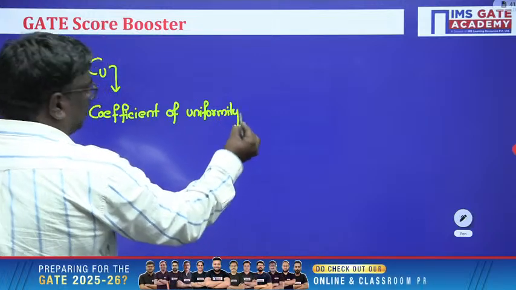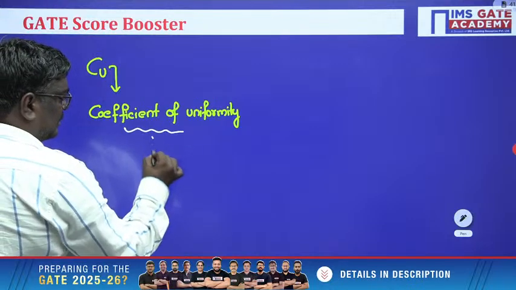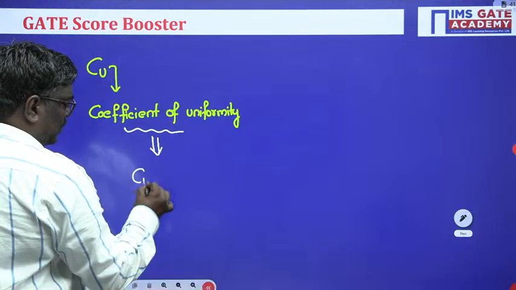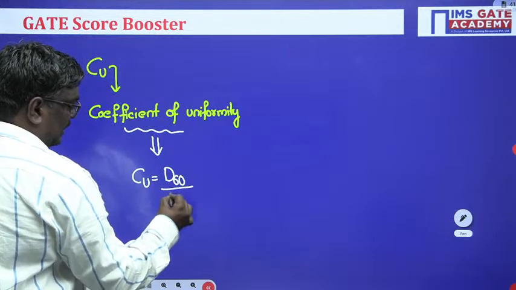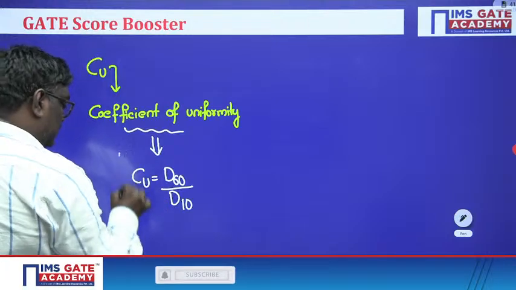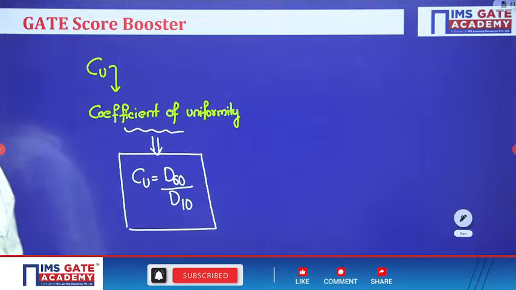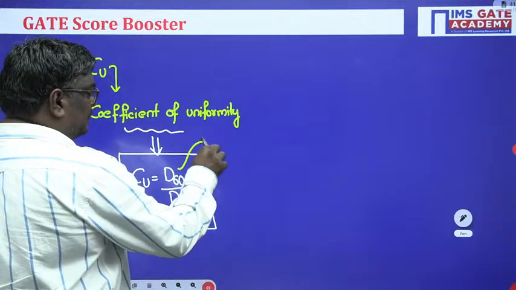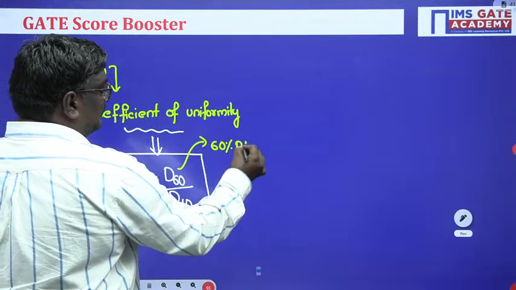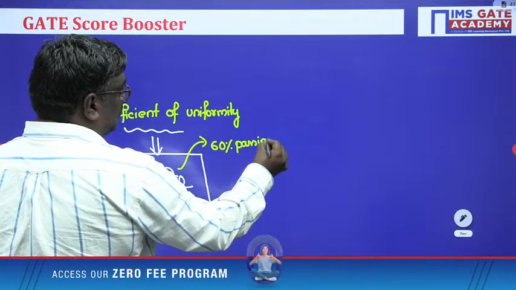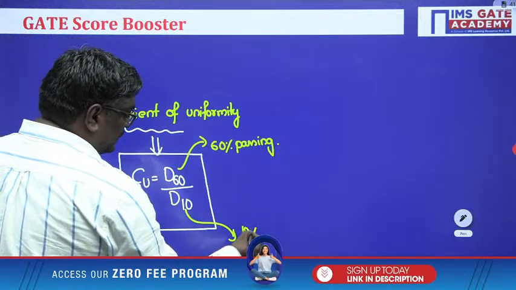It is given as Cu, and Cu is equal to D60 upon D10. Here D60 is the size for 60% passing, and D10 is the size for 10% passing.